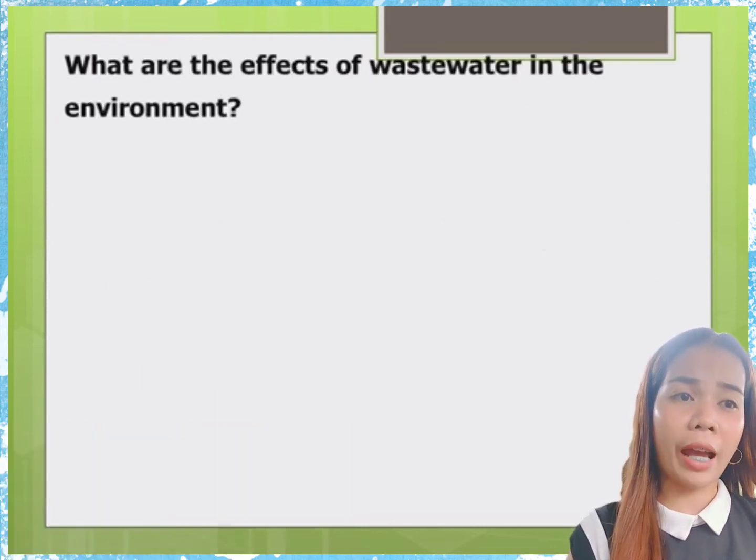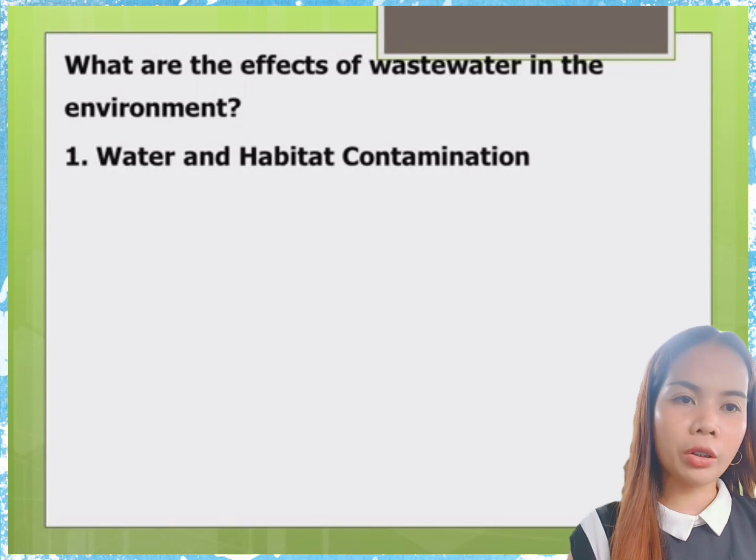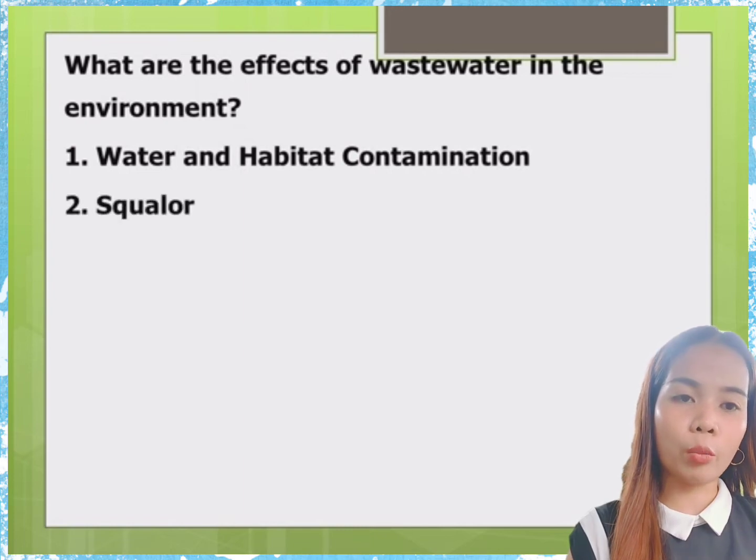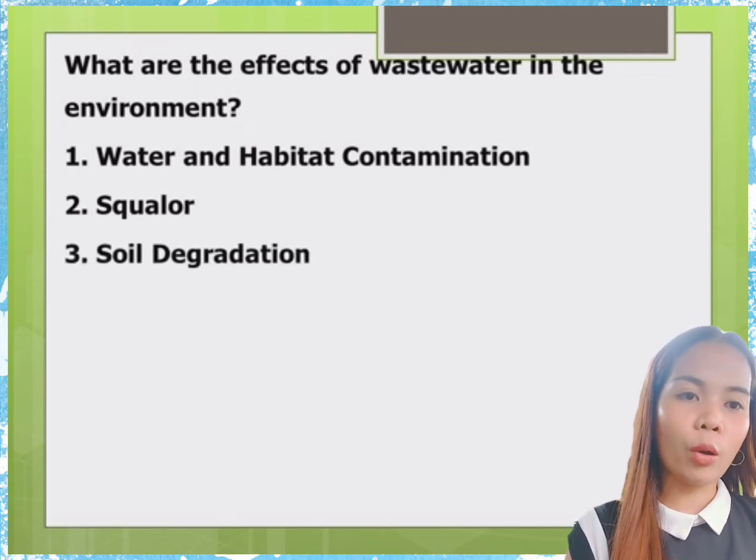What are the effects of wastewater in the environment? So number 1, water and habitat contamination. So that's the effect. Number 2, squalors. And when we say squalor, the lower part of the ground will be lessened. Number 3, soil degradation.